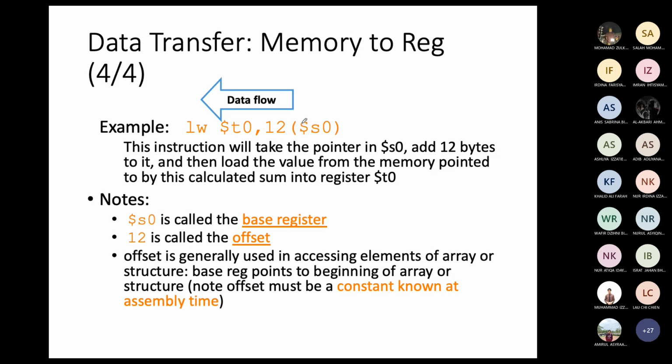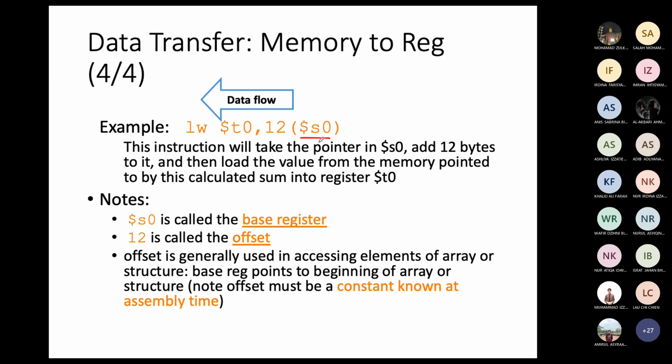Remember, we read from the right side first. If you have a bracket, it tells you this is a pointer. S0 becomes a pointer that contains the memory address of the data, because sometimes it doesn't point to index 0.